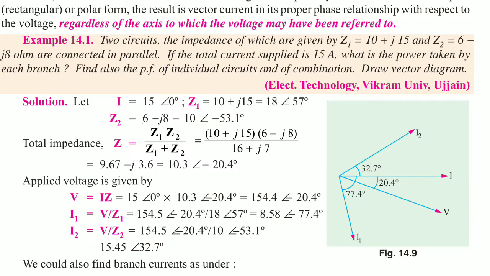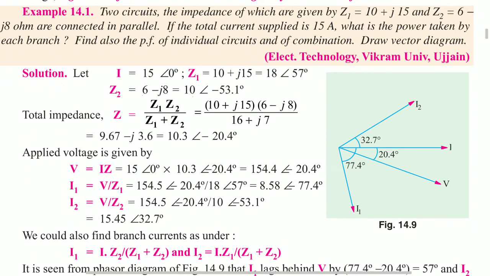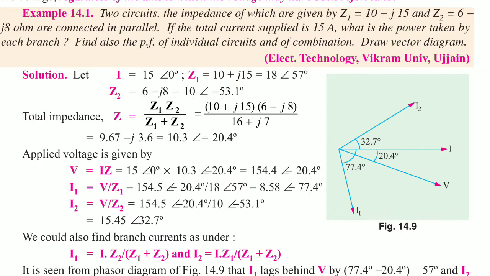From these values we get 9.67 minus J3.6. This is in rectangular form. To convert to polar form, we get 10.3 angle of minus 20.4 degrees.